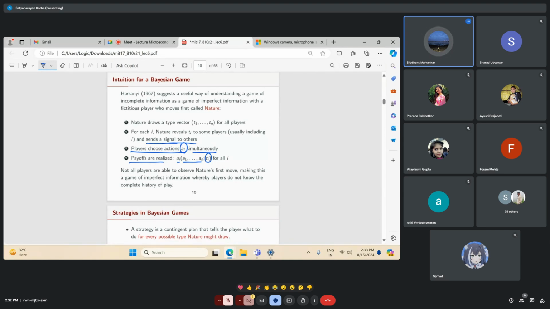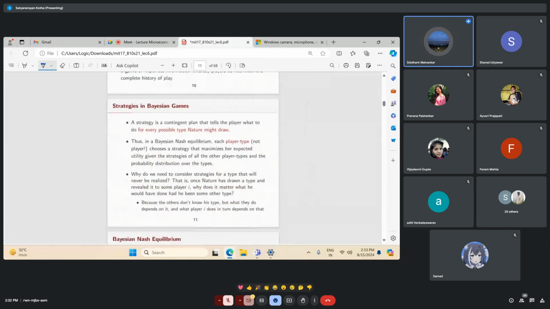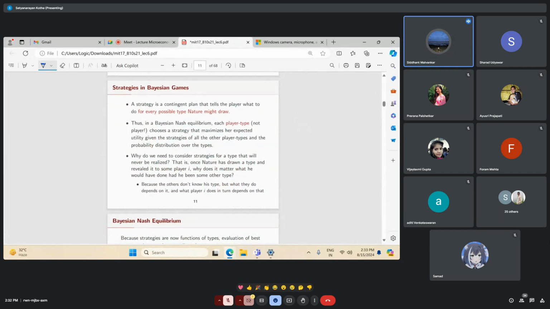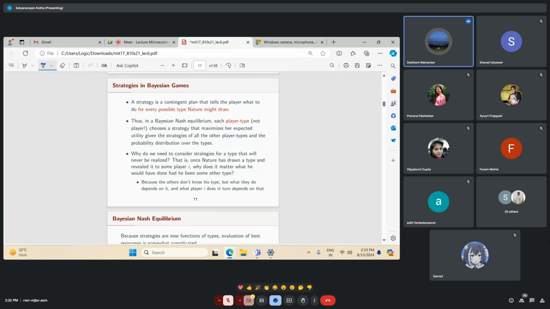Okay, so the strategy that the players in these types of Bayesian games play can be defined as a contingent plan that tells the player what to do for every possible type nature might draw.